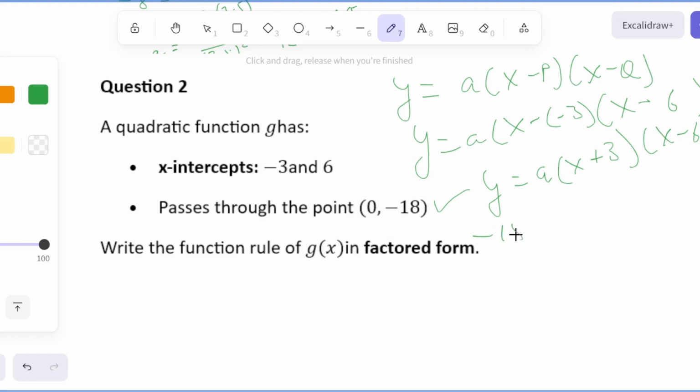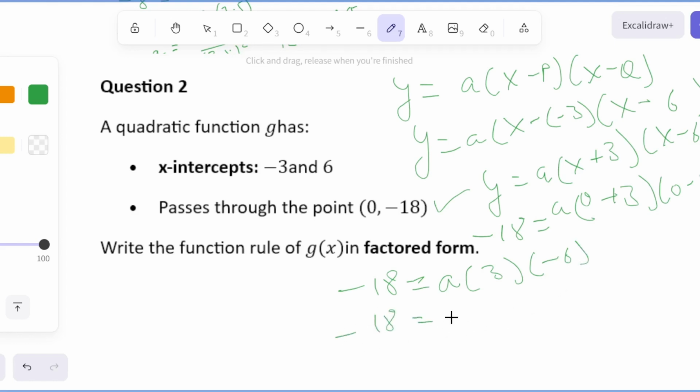So put a -18 here, and you have to put 0. 0 plus 3, 0 minus 6. So this is going to become -18 equal to a times 3 times -6, isn't it? And that will come -18 equal to a times -18. So basically a equal to 1 in this case.